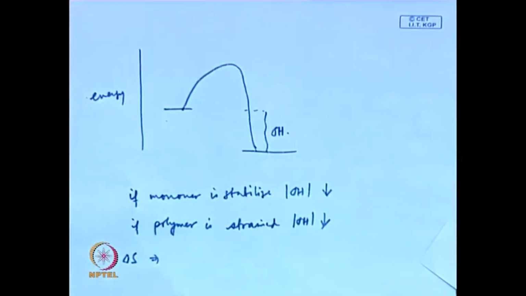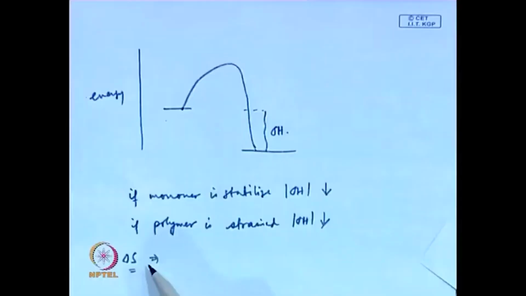So, the delta S value is basically the change in the translational entropy of the monomers resulting in a polymer. This translational entropy does not depend too much on the monomer structure. So, we will find that the delta S values are more or less independent of the monomer in chain polymerization.